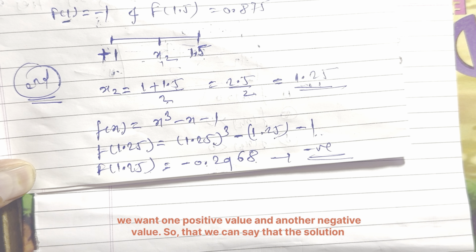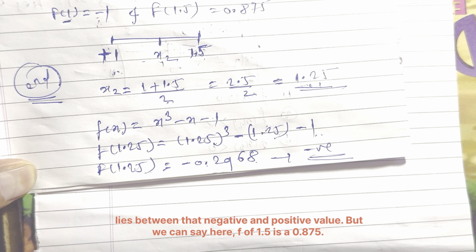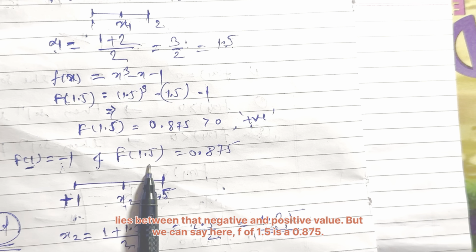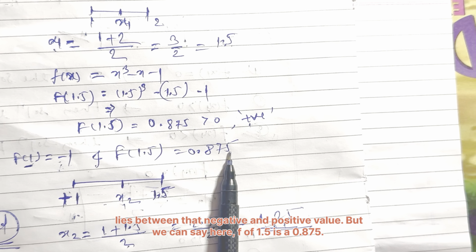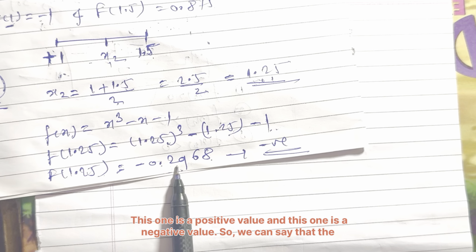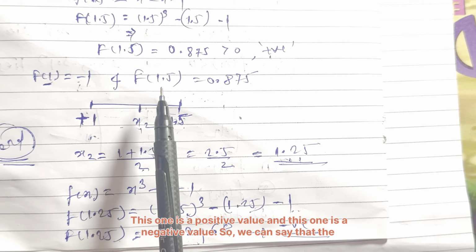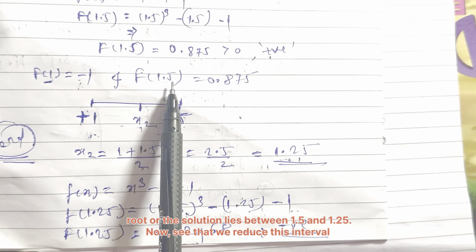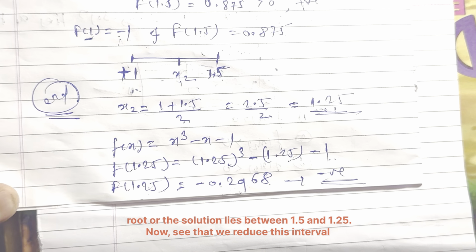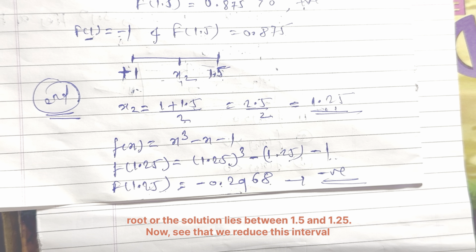But f of 1.5 is 0.875. This one is positive and this one is negative. So we can say that the root or the solution lies between 1.5 and 1.25. Now we reduce this interval again.